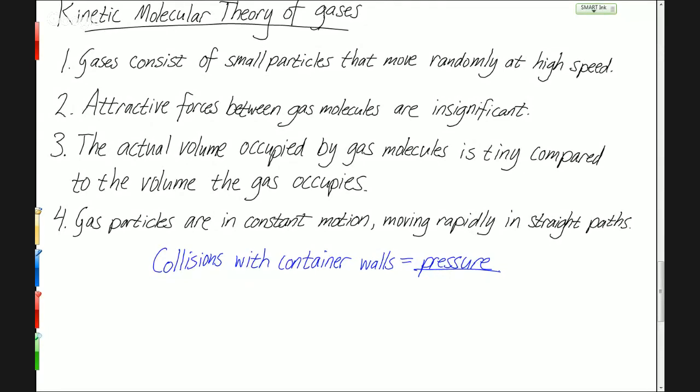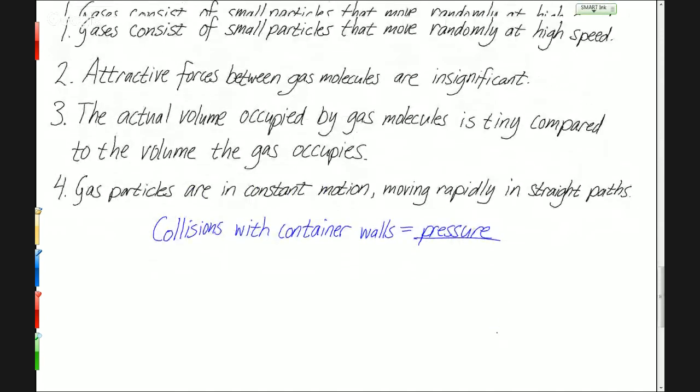They're going to bounce off and then go hit another wall. Bounce off, go hit another wall. So the overall pressure in the container is the sum total of all of the collisions of the gas molecules. That means if our molecules are hitting the wall more often, we're going to have higher pressure. If they're hitting it less often, we're going to have lower pressure. So that's where pressure comes from. It comes from the collisions of these fast-moving molecules traveling in straight lines.